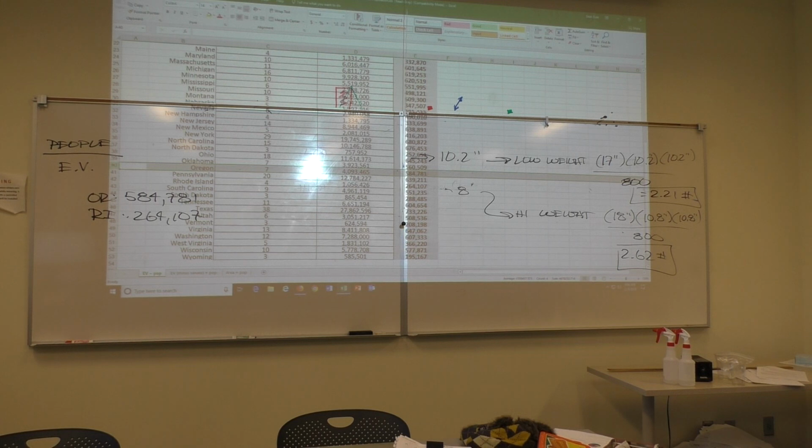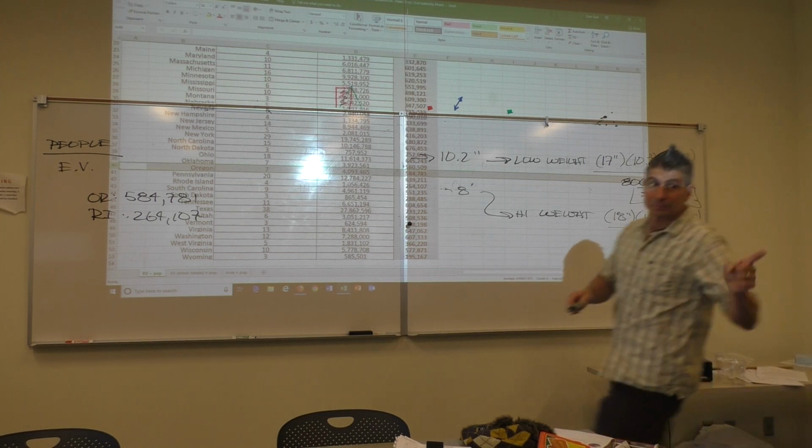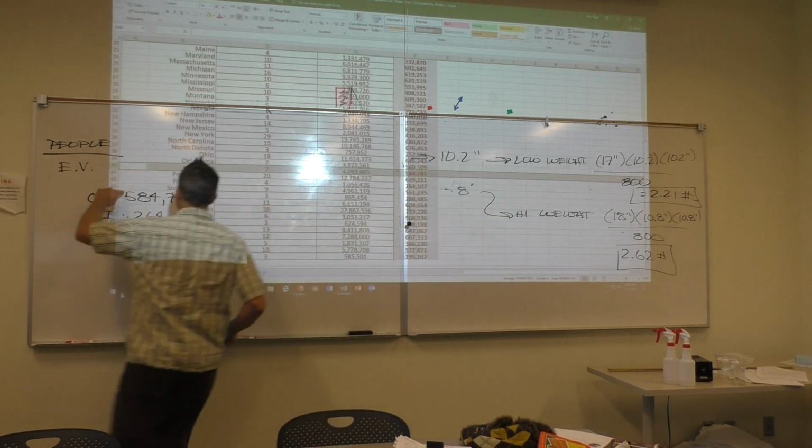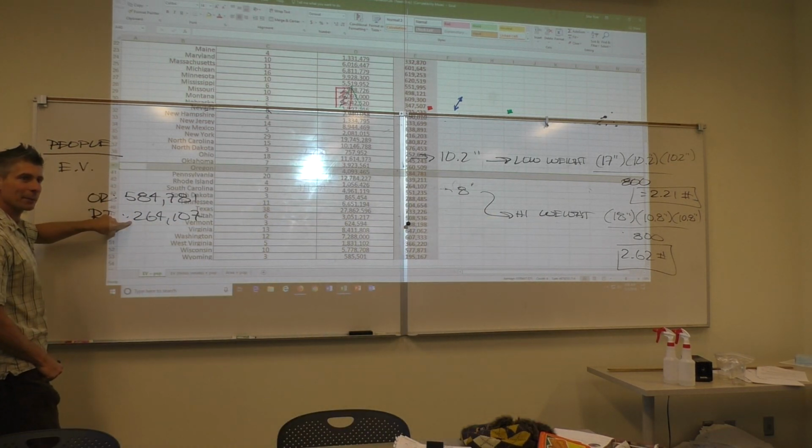About how many times more people per electoral vote does Oregon have than Rhode Island? Compare those numbers. About twice. Exactly what I was looking for. Isn't this number about twice as big as that number?